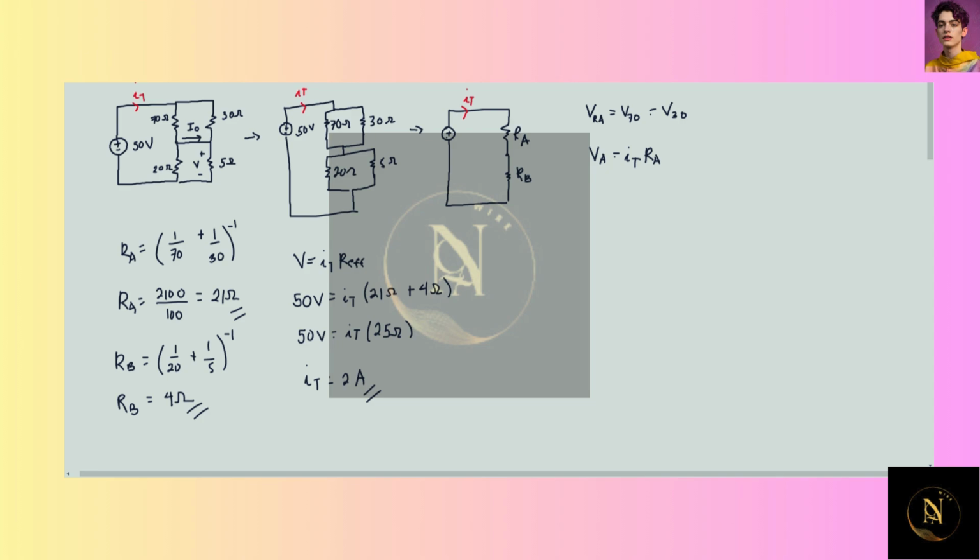Since we now have the current passing through the entire circuit, we could solve for Va, which is 2 amperes times the effective resistance A, or 21 ohms. Hence, Va is equal to 42 volts. We could place it here as plus minus 42 volts.